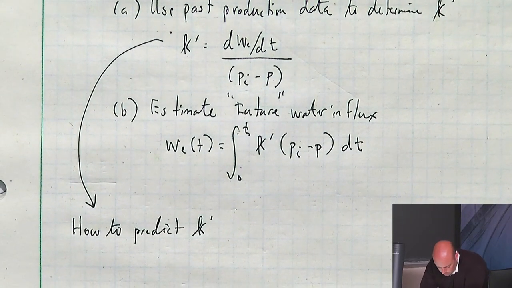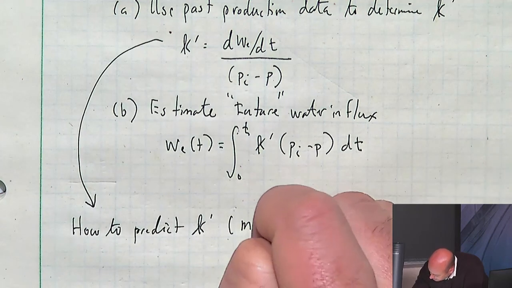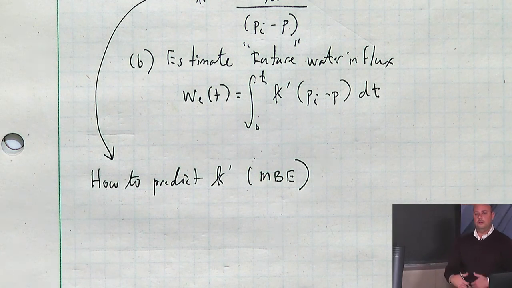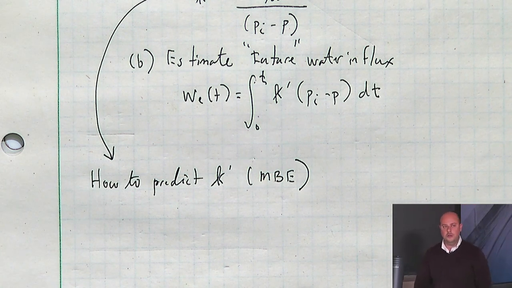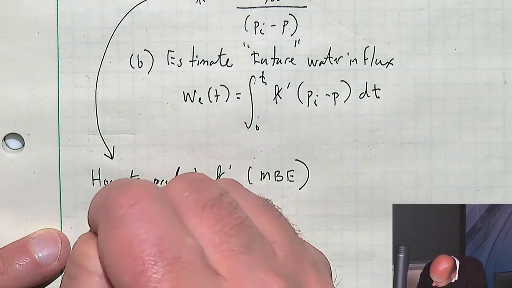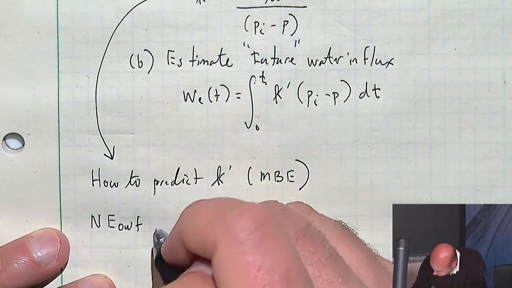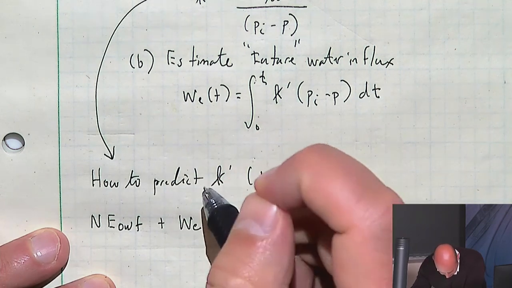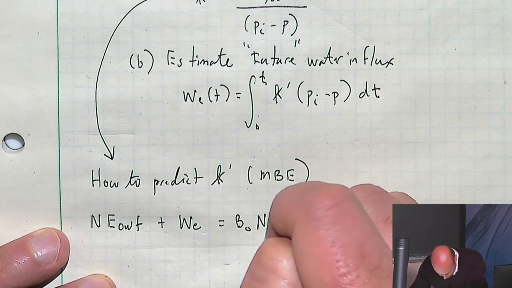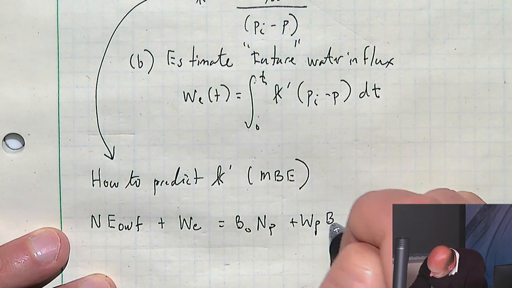Okay. Well, we're going to use the material balance equation, which I introduced earlier. Now, if you have an undersaturated reservoir, undersaturated means that we only have an oleic phase and you don't have a gaseous phase. You'll have gas dissolved in the oleic phase, but you won't have a gaseous phase. Then the MBE reduces to N Eo plus Ef,w plus WE is equal to F, which is Bo Np plus Wp Bw.